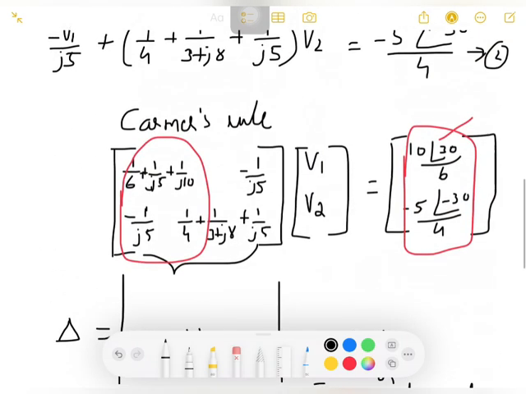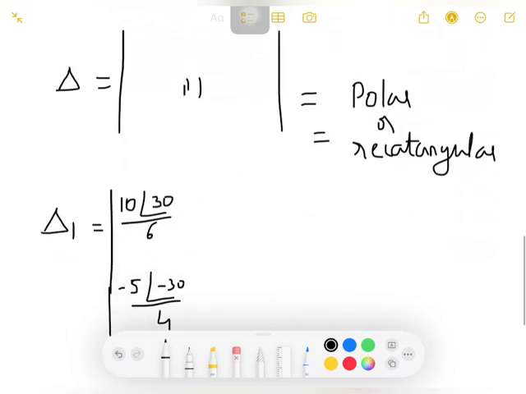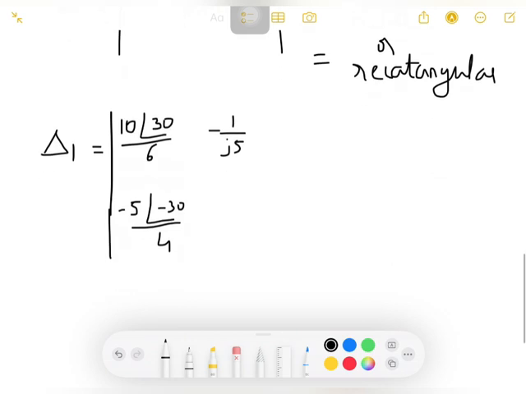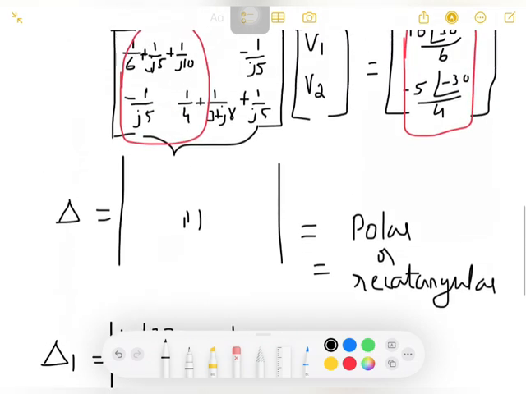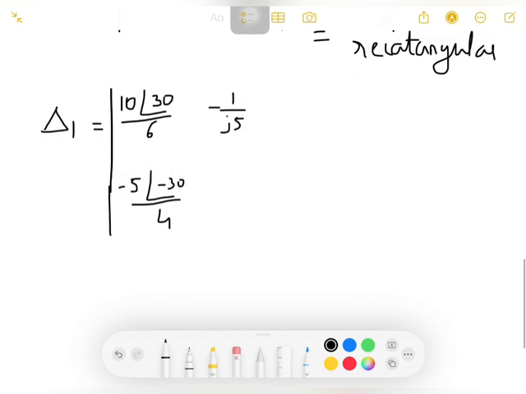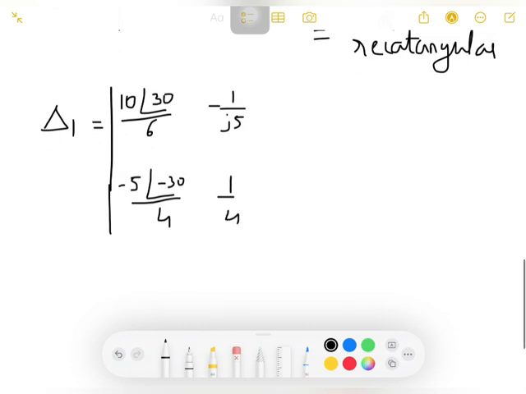The second column I will retain: minus 1/j5, and 1 plus 4 plus 1/(3 plus j8) plus 1/j5. So this is my delta 1.